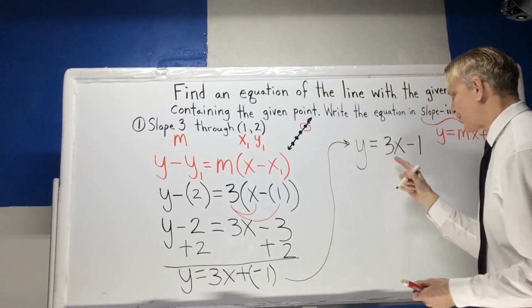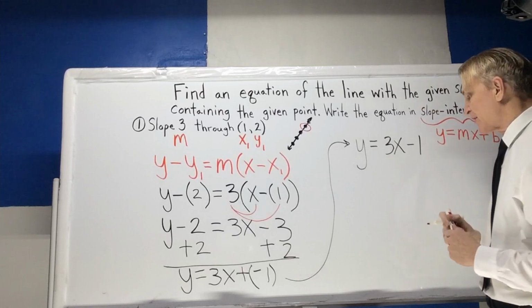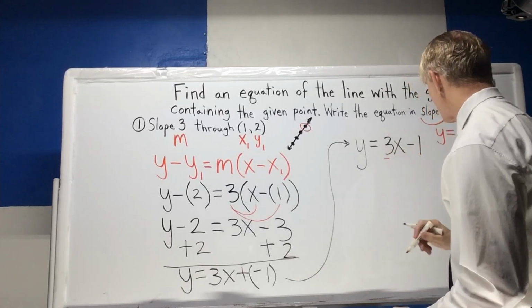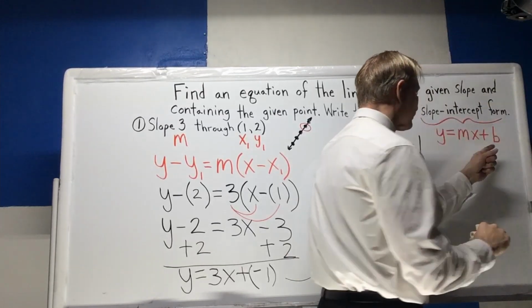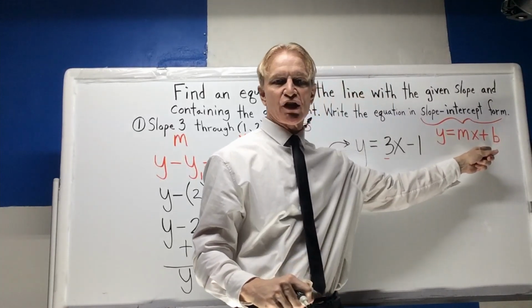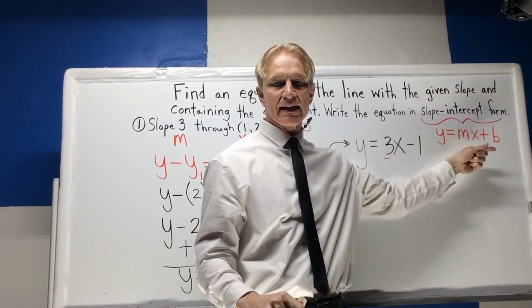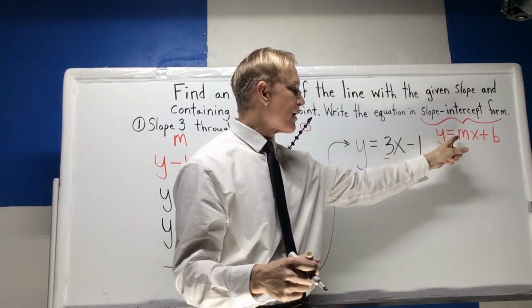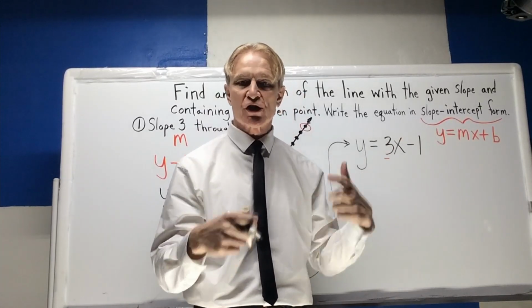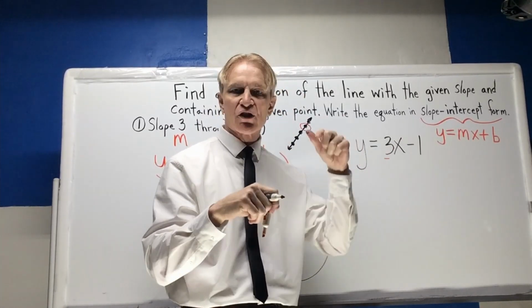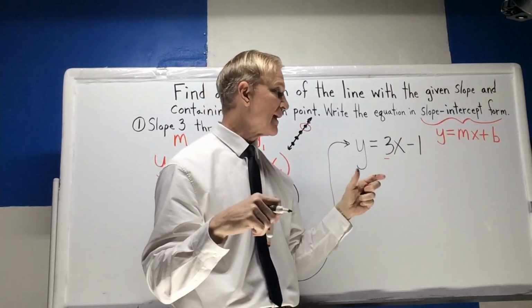Now remember, the 3 is your slope, and the b, the bisection of the y-axis. That's what I think of the b. Remember, m for monter, the French word to go up, rise over run, also retreat over run in some cases.